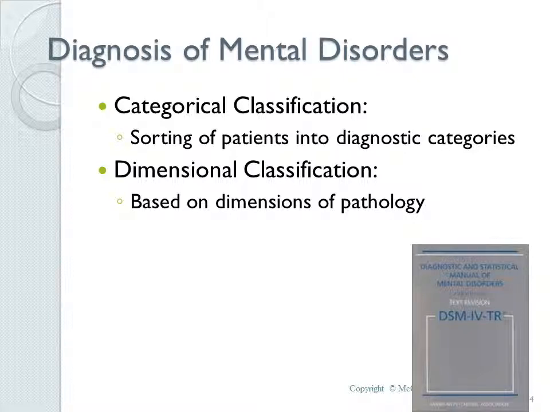A dimensional classification, on the other hand, looks at dimensions of pathology, based on this understanding that rarely do you see a client who is a textbook case. That means a client who fits perfectly the description that is given in the DSM, especially when you work with individuals who have personality disorders. So for example, let's say that you are looking at someone who has obsessive compulsive disorder.